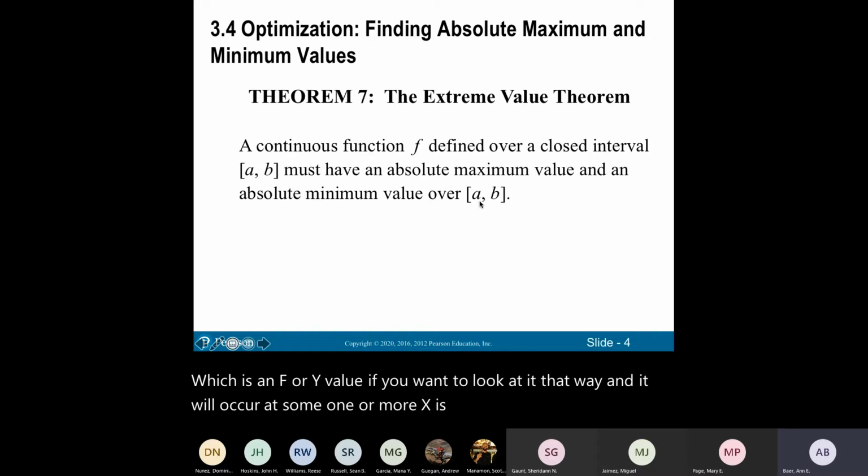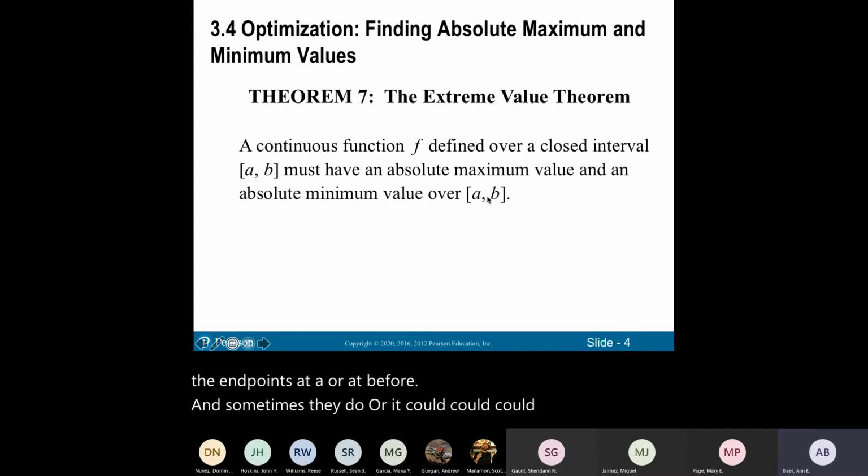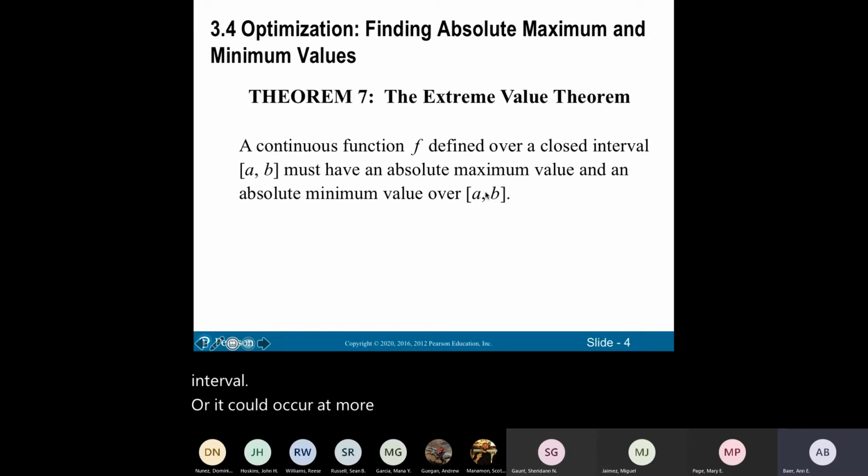and it will occur at one or more x's inside this interval. That absolute maximum could occur at one of the endpoints, at a or at b, and sometimes it does. Or it could occur inside the interval, or it could occur at more than one x in this interval.